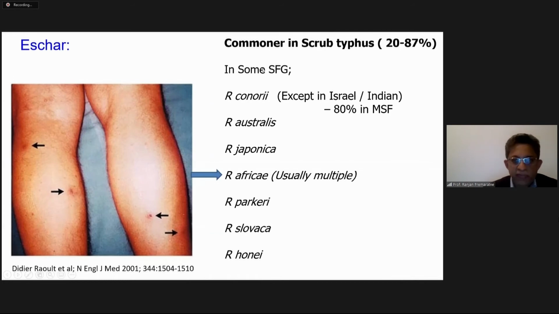And in some of the spotted fever group rickettsioses, except Indian tick typhus, it's about 80% in Mediterranean spotted fever group rickettsioses and others. And in Rickettsia africae, it's usually multiple. If you examine a patient, you will see many eschars in them. But again, as I said, it's a very, very mild illness.